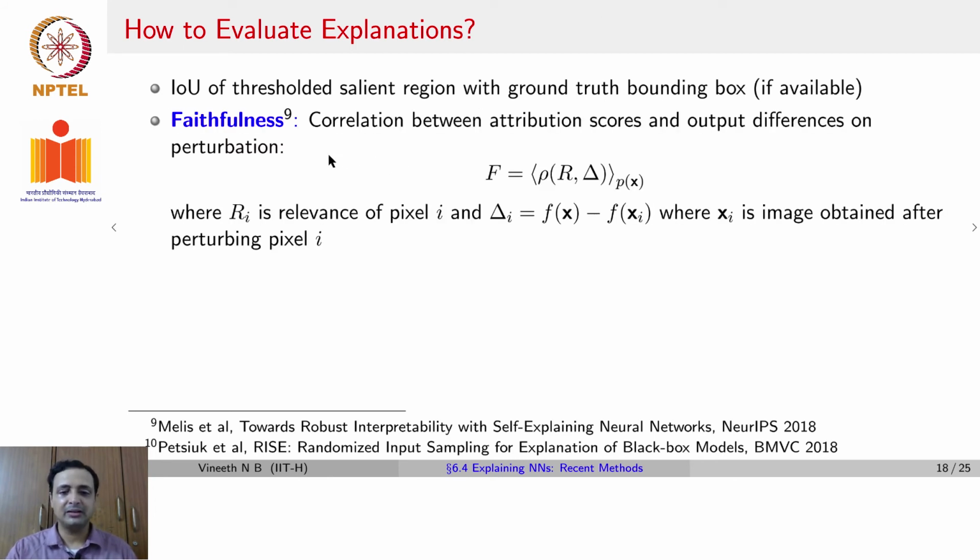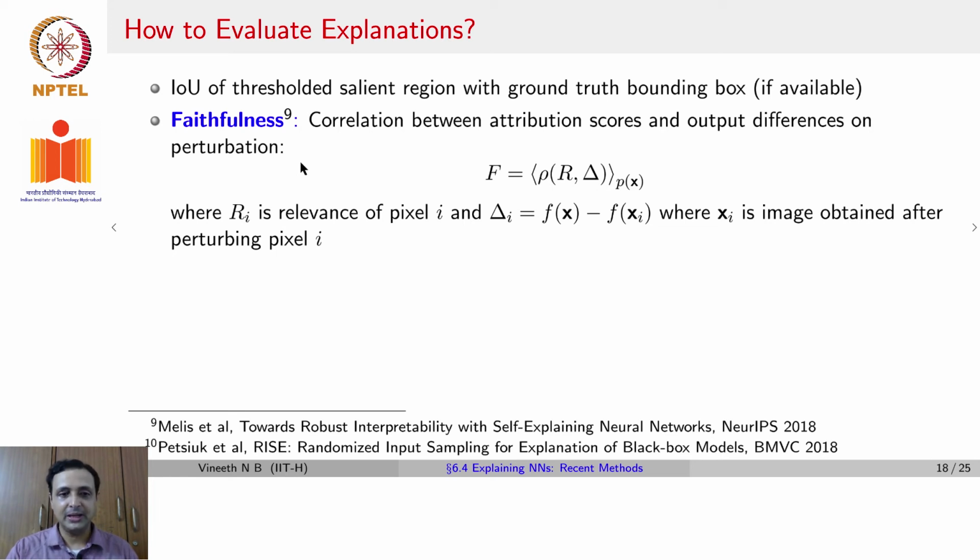There's another metric that's been recently proposed in NeurIPS of 2018 and BMVC of 2018, which is called faithfulness. In faithfulness, we measure the correlation between the attribution scores and the output differences on perturbation.